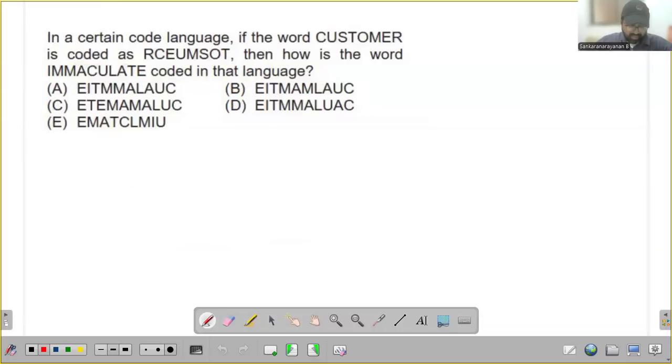Look at this word customer. It is also based on positioning; the letters are arranged by position. Customer is getting coded as 81726354.